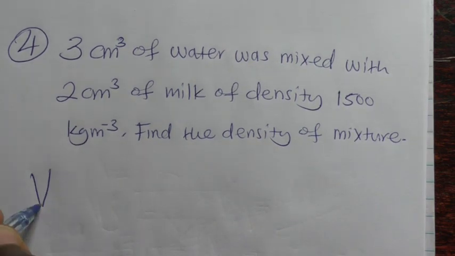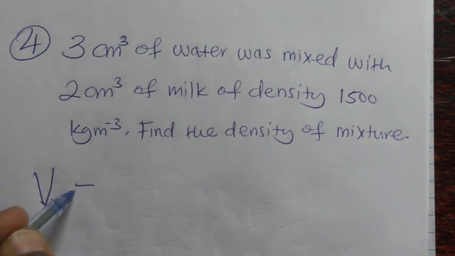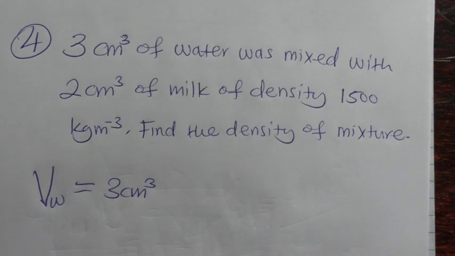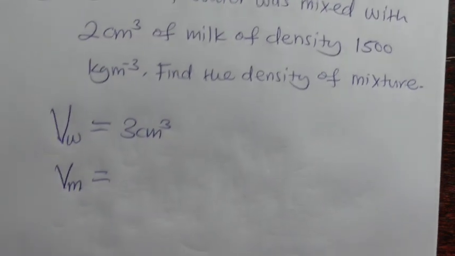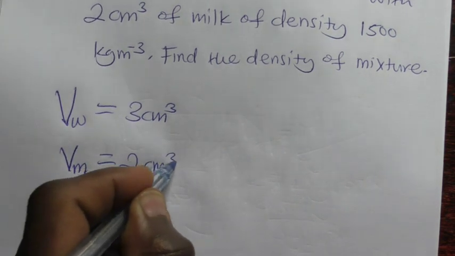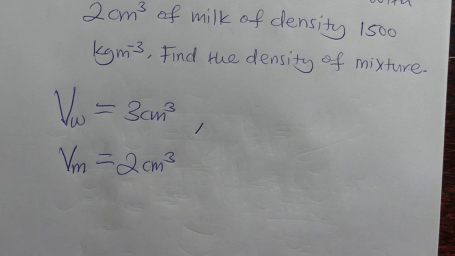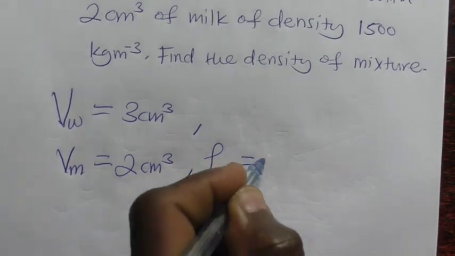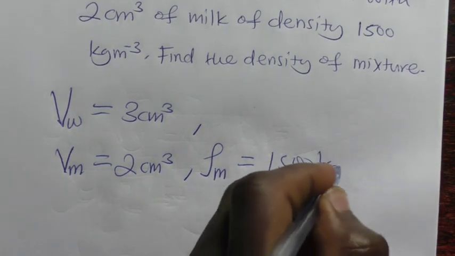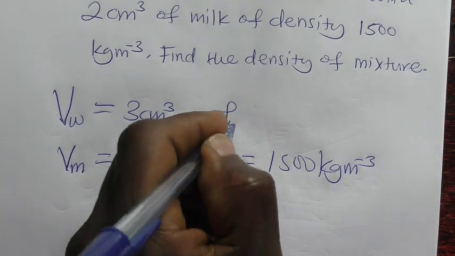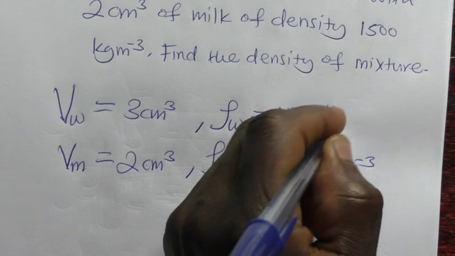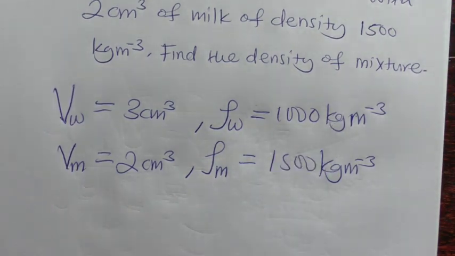We are given the volume of water as 3 cubic centimeters, and the volume of milk as 2 centimeters cubed. We are given the density of milk, which is 1,500 kilograms per meter cubed, but we are not given the density of water. However, it is known to be a constant. So the density of water is 1,000 kilograms per cubic meter.